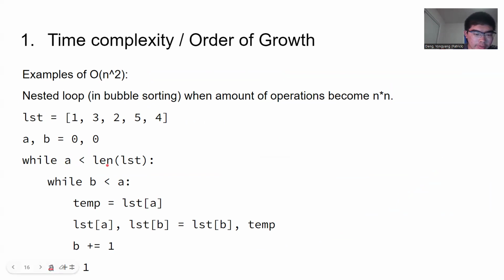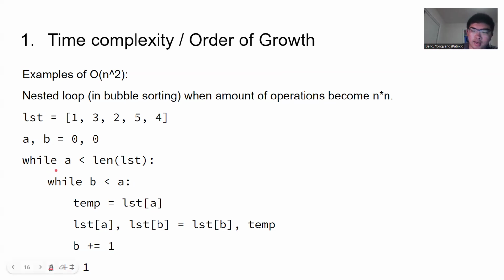While A is the length of this input, and the length of this is also an input. For a shorter list, it will have a smaller amount of input, and for a longer list, it will be a bigger amount of input.